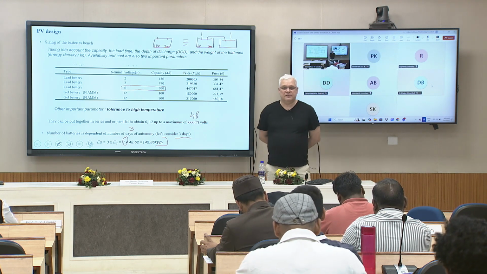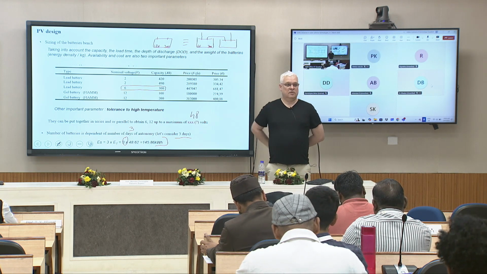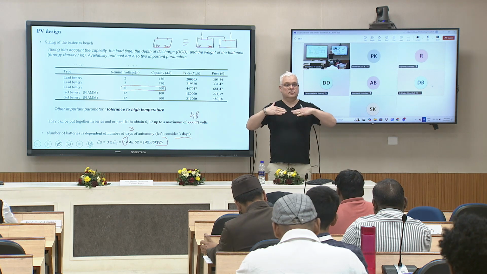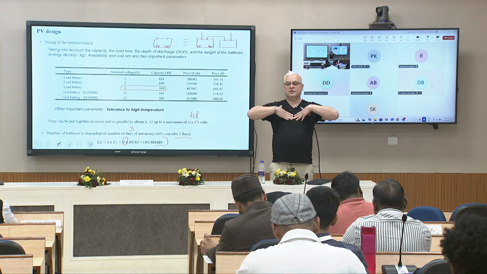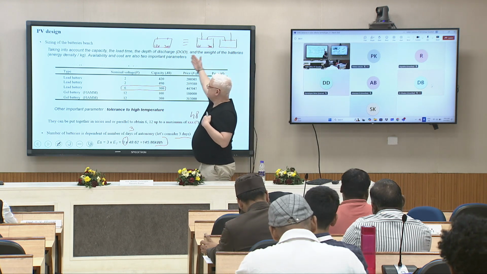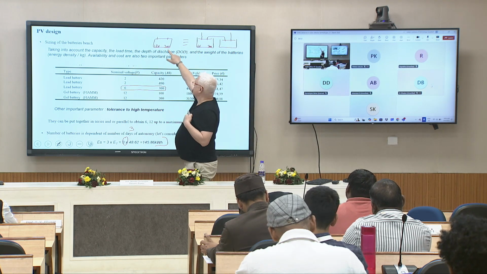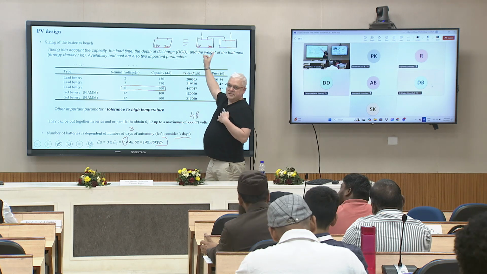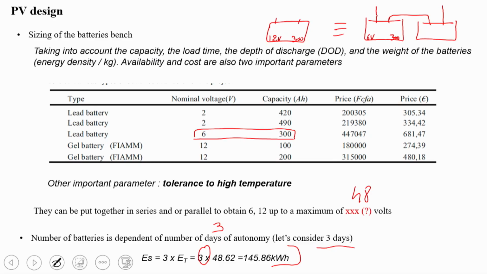It is the same as for the PV panels. You connect them in series to get the voltage. Here it's easy to see that you will have 4 times this, that means 8 batteries per string.